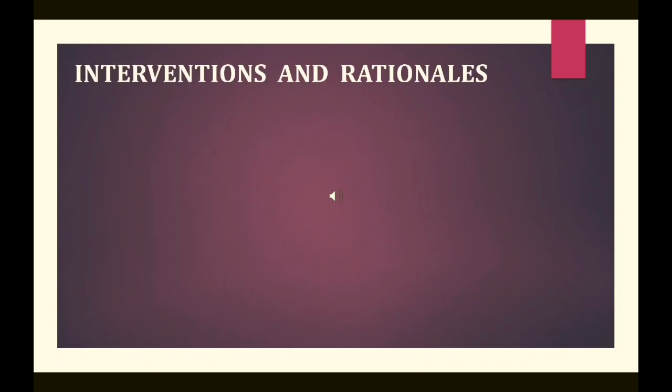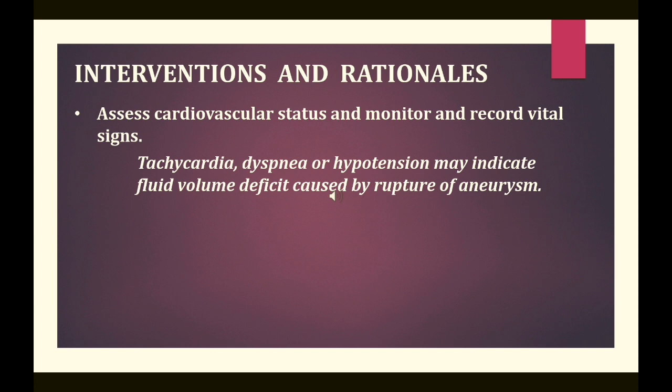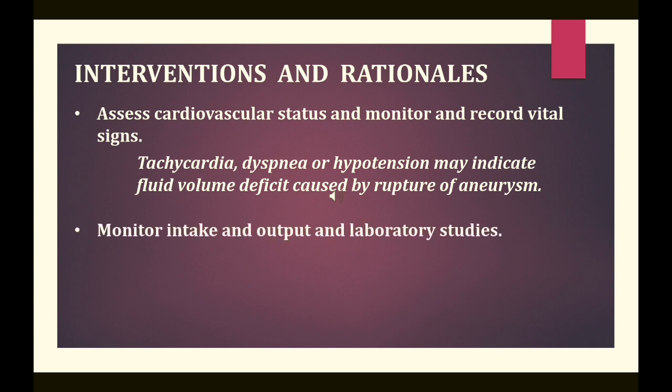Here are the interventions and rationales you can do as a nurse. Assess cardiovascular status, and monitor and record vital signs. Tachycardia, dyspnea, or hypotension may indicate fluid volume deficit, caused by rupture of aneurysm. Monitor intake and output and laboratory studies.